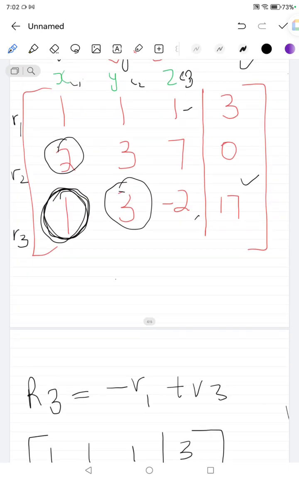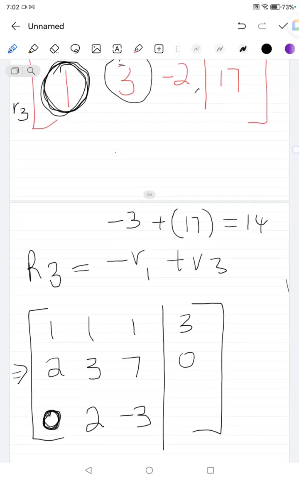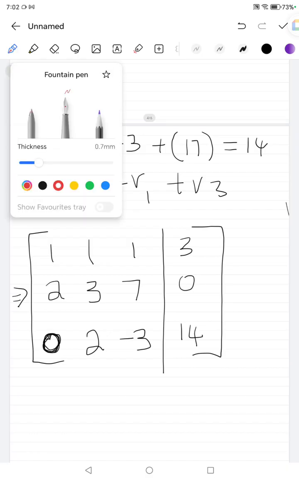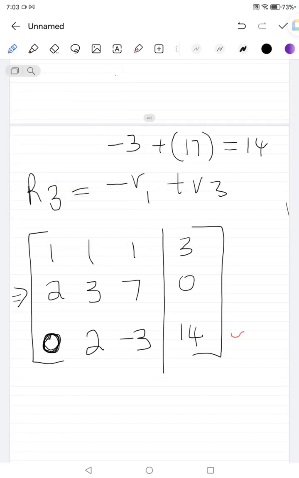We have minus row 1, which is going to be minus 3, which is going to be this 3 at the top, plus into our 17. Then this one is going to give us 14. So which means now we're going to be writing the 14 this side. So it now means row 3, we're already done with it for now.